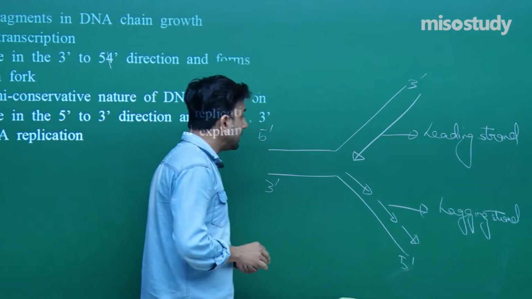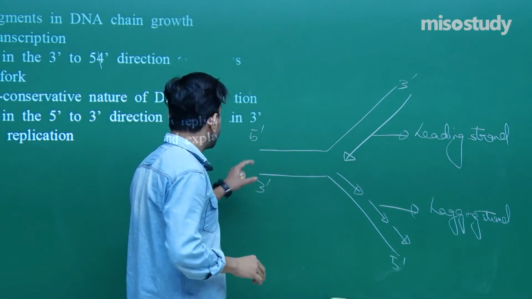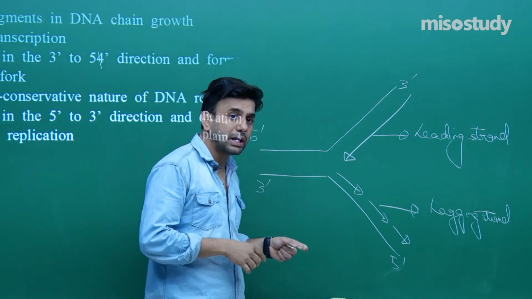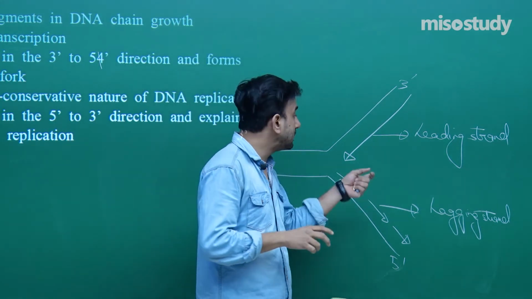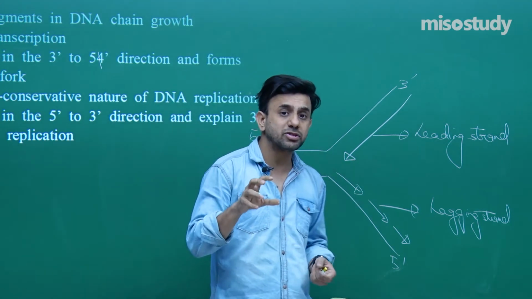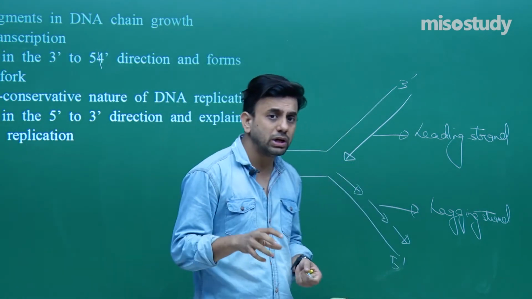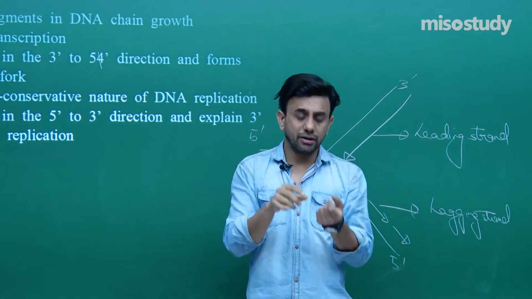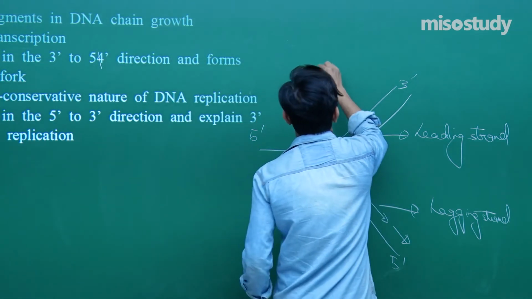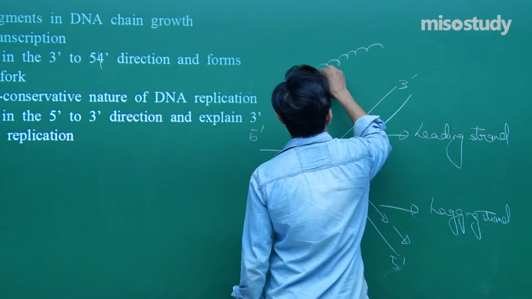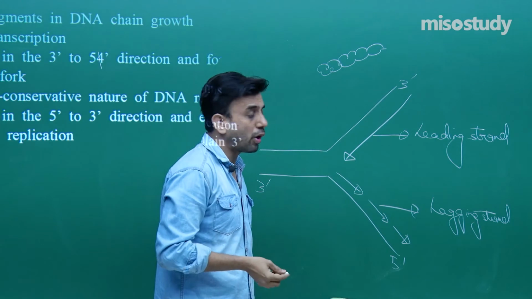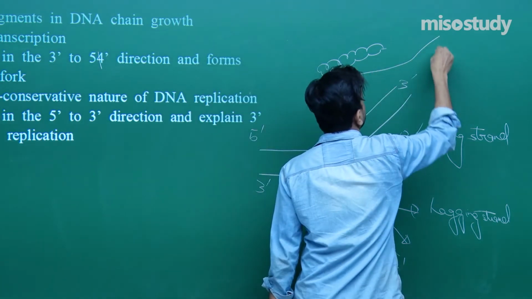Now we see this is the double stranded DNA. The double stranded DNA does not unwind completely. It unwinds only up to a particular region and forms a Y-shaped structure. If you open the coil, won't it become like this?